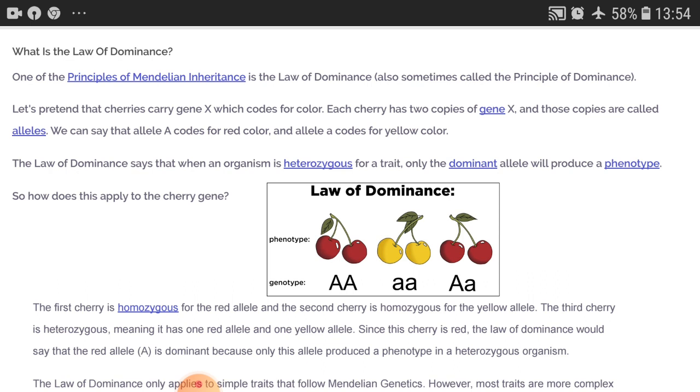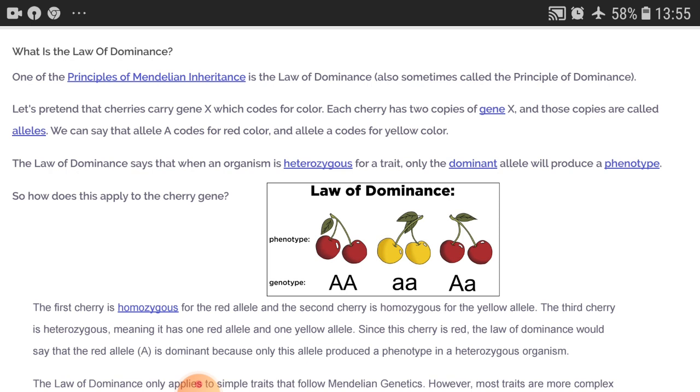That is why you can see here in this figure, which is displayed on your screens, that the first cherry is homozygous for the red allele, that is it has capital A and capital A. Second cherry is homozygous for the yellow allele, it has small a and small a. And the third cherry is heterozygous, that is it has one allele for the red and one for the yellow, one capital A, one small a.